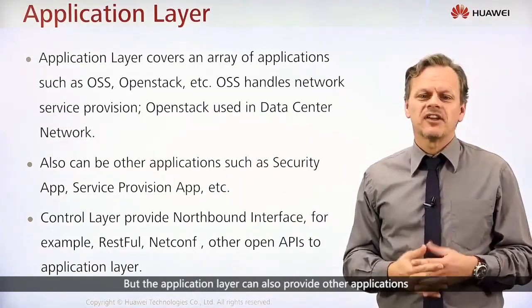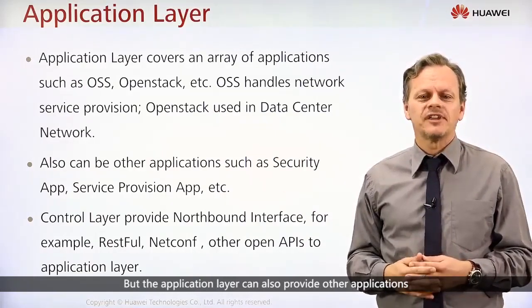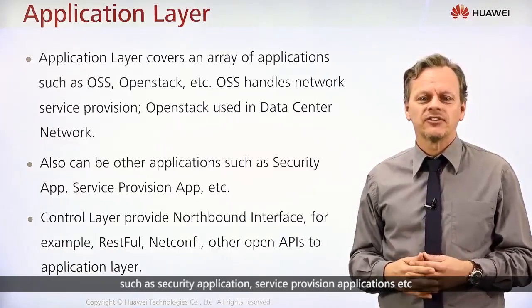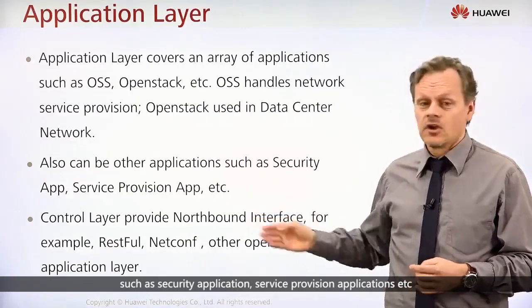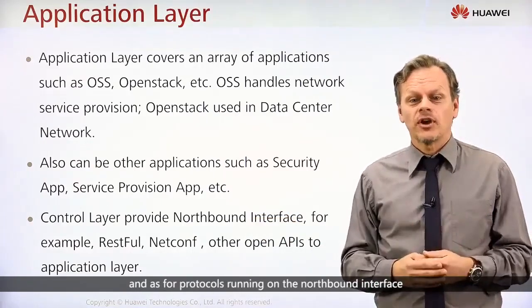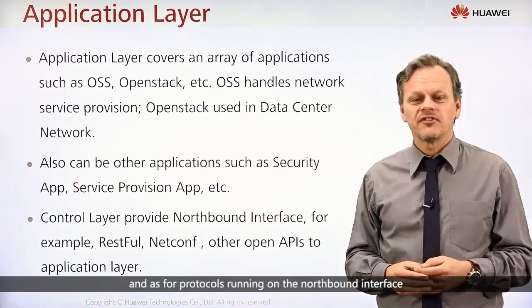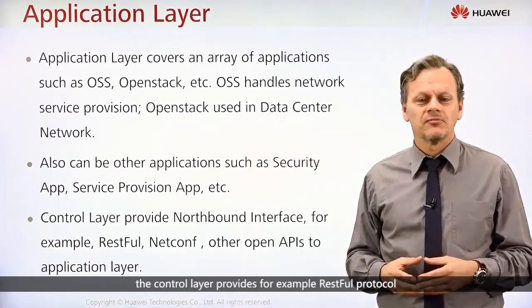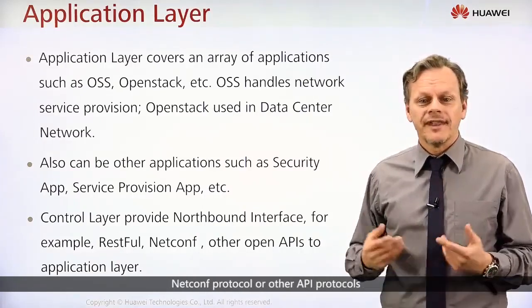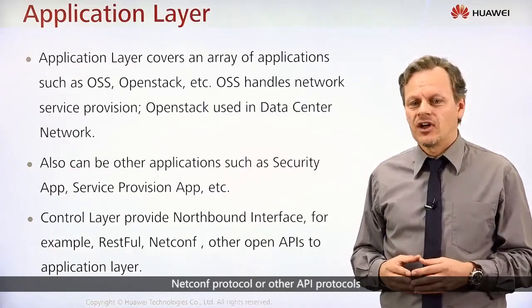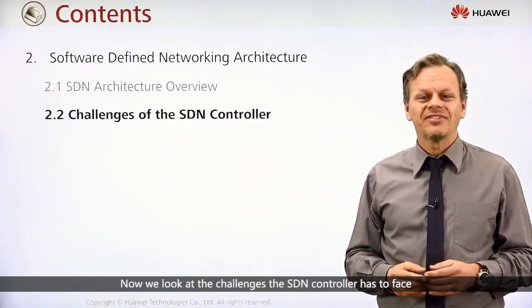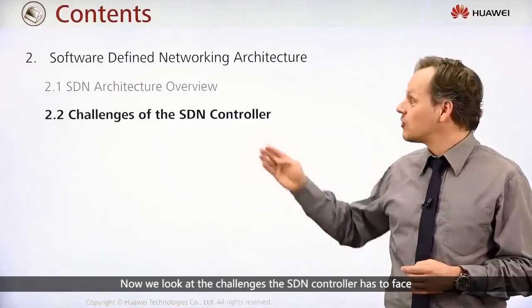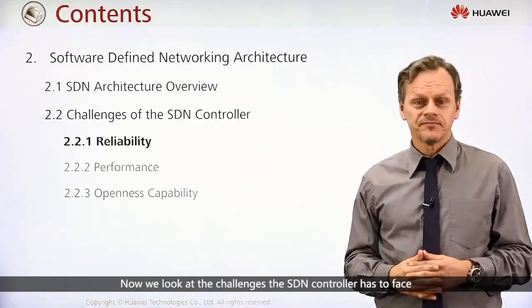But the application layer can also provide other applications such as security applications, service provision applications, etc. And as for protocols running on the northbound interface, the control layer provides, for example, RESTful protocol, NETCONF protocol, or other open API protocols.